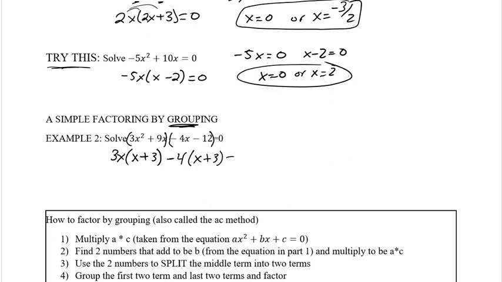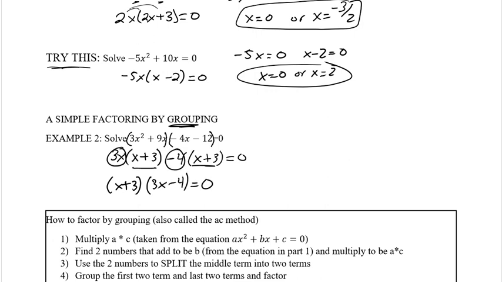Notice that these two are the same. When we're solving by grouping, that needs to happen each time. Those two need to be the same. So since both of these have an x plus 3, I can factor out an x plus 3. And what's left is the 3x and the minus 4.